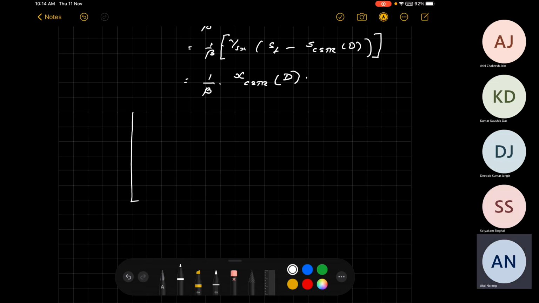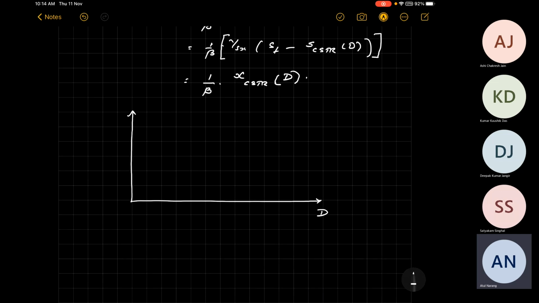So if this is D, and I'm using the Monod model, let's say the picture I have is like this in my chemostat CSTR.